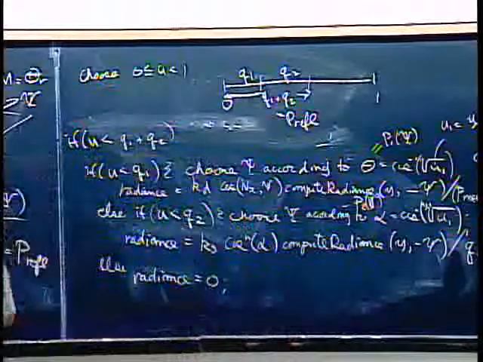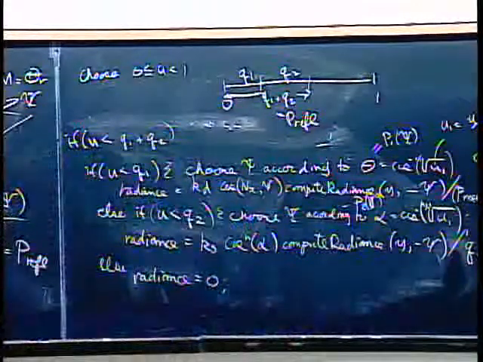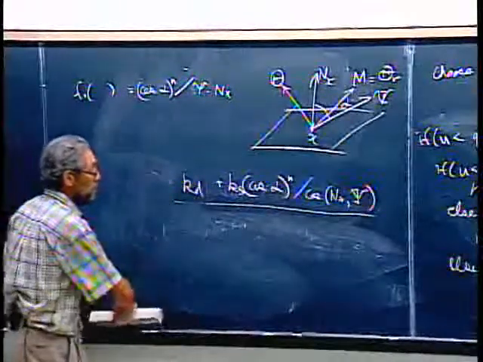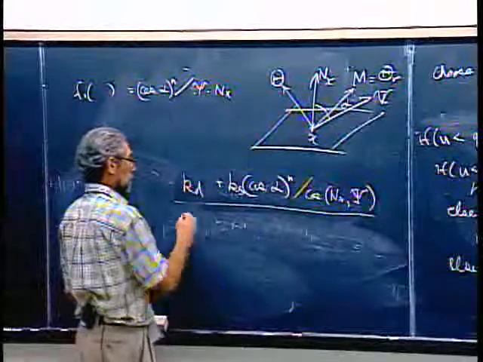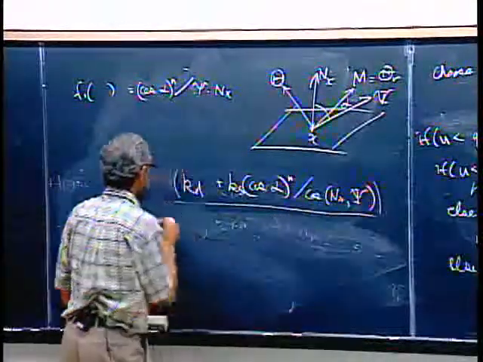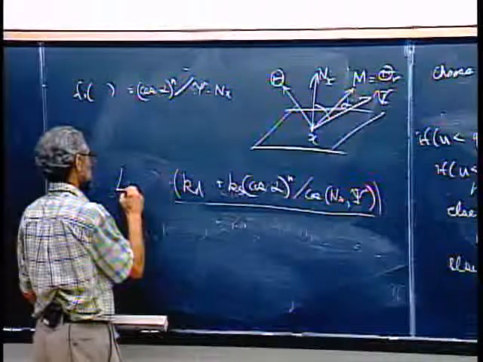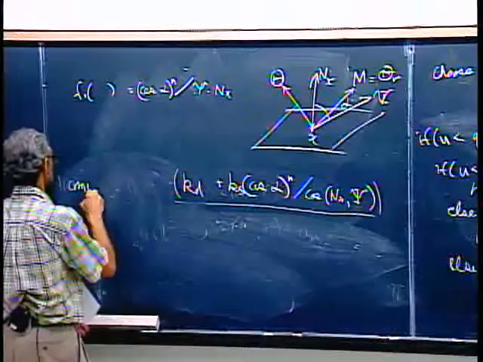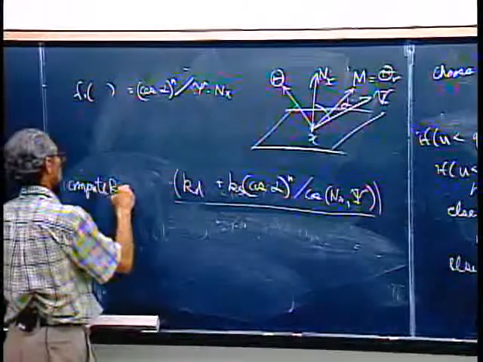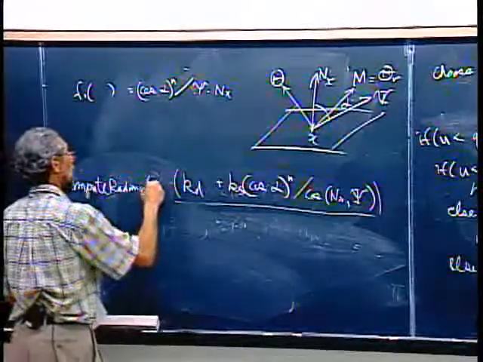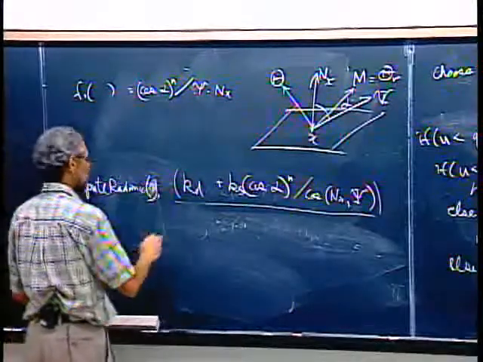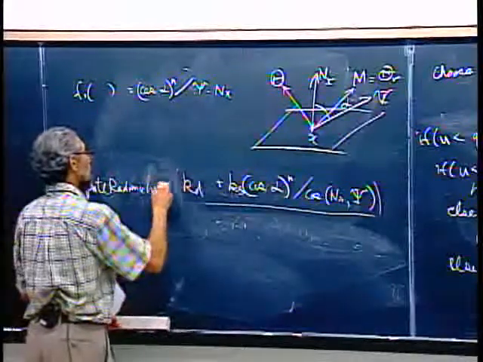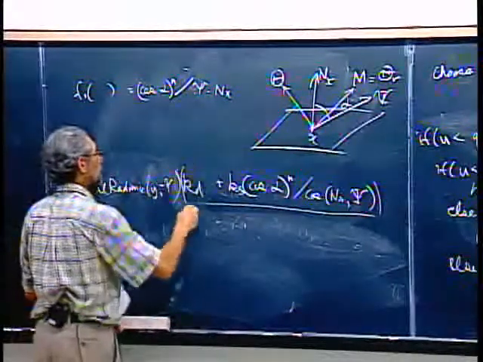Which means that the probability we have to divide this thing, well, first of all, it's this thing times a single computeRadiance, y minus psi, times this thing.